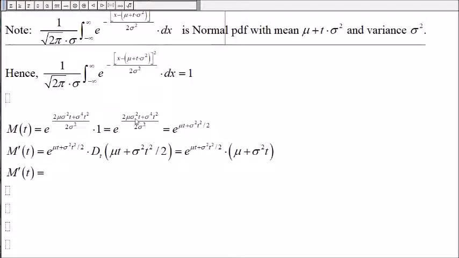And 2 mu sigma squared dividing by 2 sigma squared is just mu t. And sigma to the 4th t squared divided by 2 sigma squared would be sigma squared t squared divided by 2.